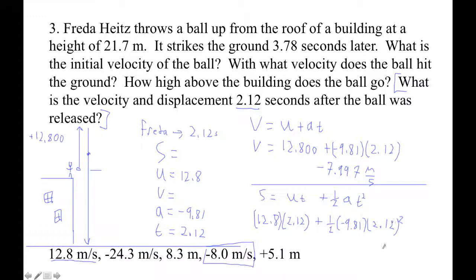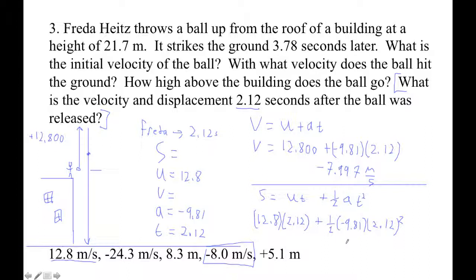Don't forget to square that. If you don't square it, it won't be squared. Okay, so here we go. Get that. 12.8 times 2.12 plus 0.5 times negative 9.81 times 2.12 squared. Have I typed exactly that in? Indeed I have. Okay, let's try this.